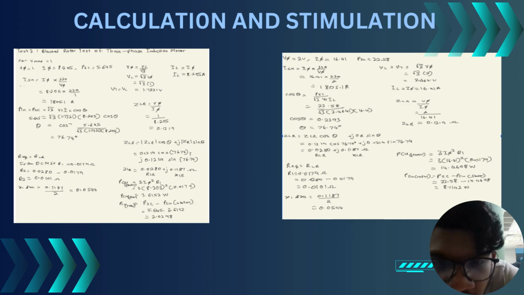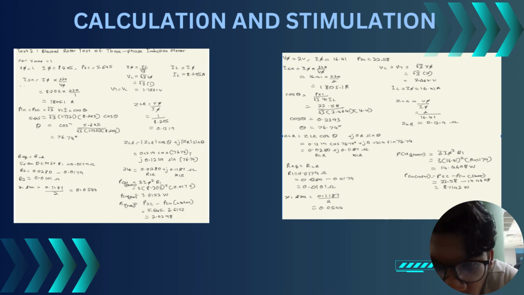So we will get voltage line equals 3.4641 volts, and I synchronized is 1805.1 ampere, and then we get the same theta we already got in maximum value equals 1, so same theta here, 76.74.